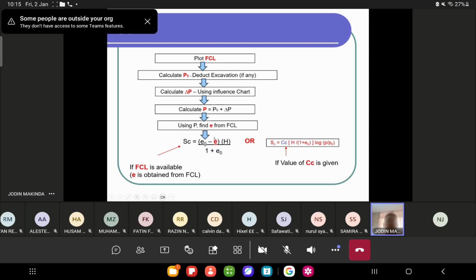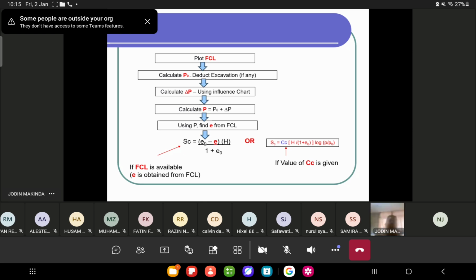If you use the FCL, then you solve using the first formula. If you do not use FCL, then you use the second formula. So this is the flow chart or flow diagram to solve problems related to settlement and consolidation.